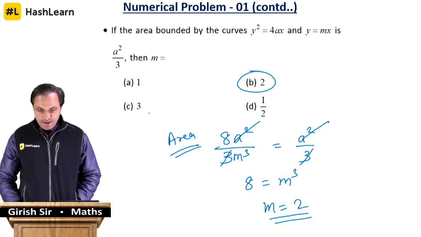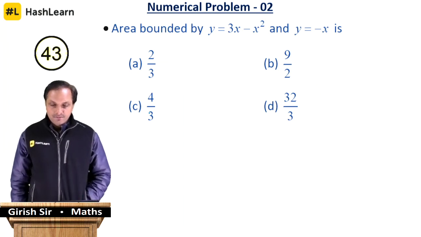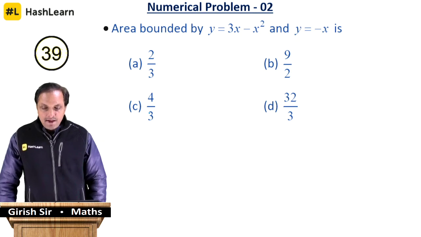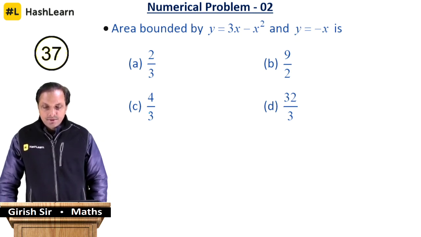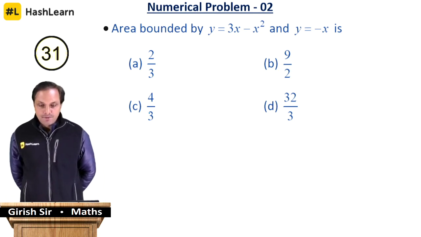The next numerical is here with 45 seconds. y is equal to 3x minus x square and y is equal to minus x. What is the area between these two curves?